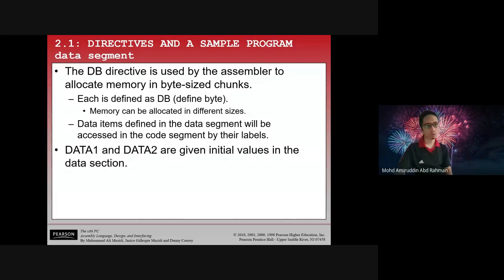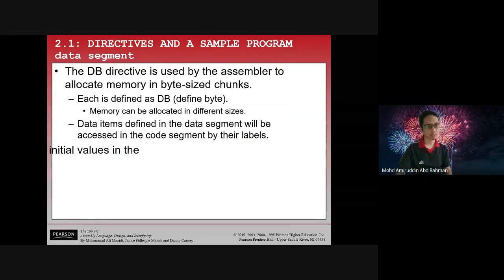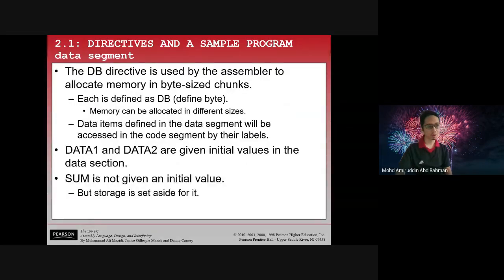We also look from here. The data 1 and data 2 are already given values with the define byte. For data 1, it is 50, and data 2 is 29. Then we have the sum. Sum is not given an initial value, but the storage is set aside for it.